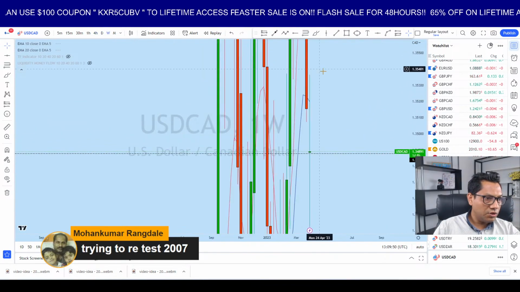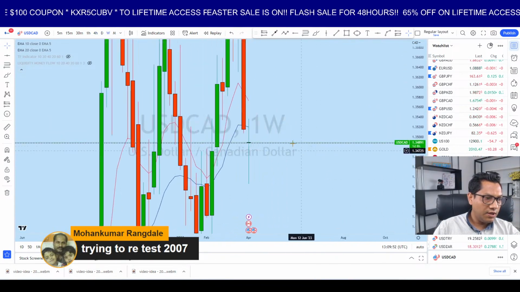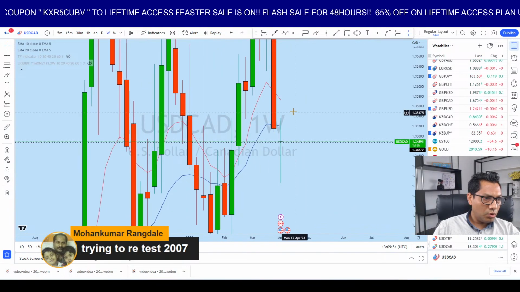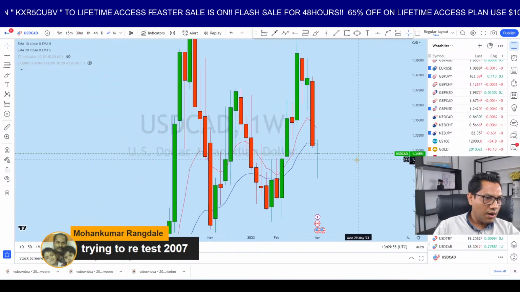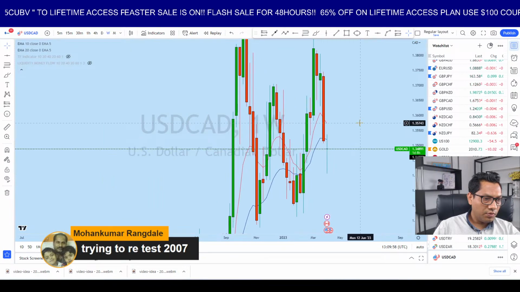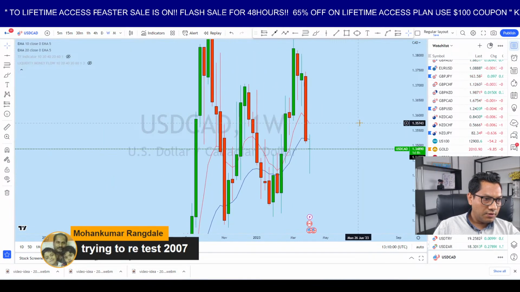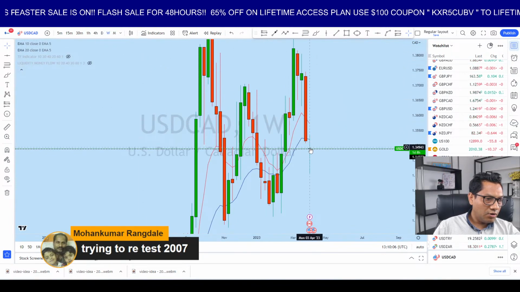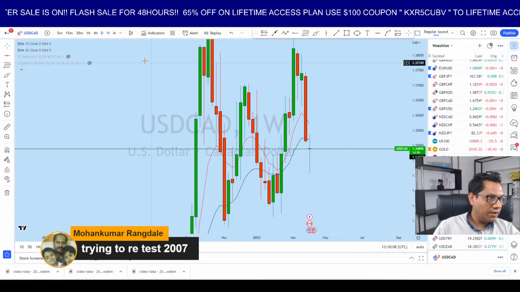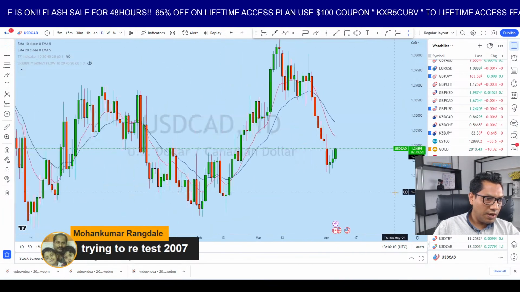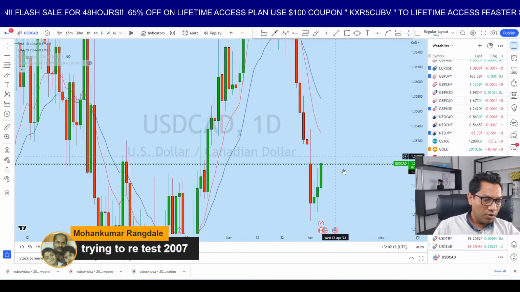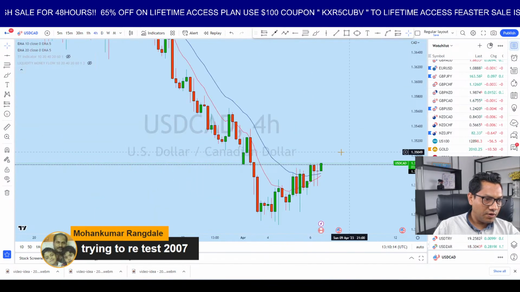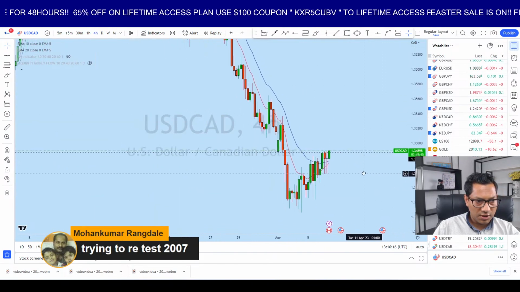If you look at the weekly, you can see it's just going to the weekly high. This is the doji from the weekly, and it is very unlikely that dollar CAD will be able to go up like that. Any kind of movement to the upside will be an opportunity for selling after giving a strong liquidity gap.